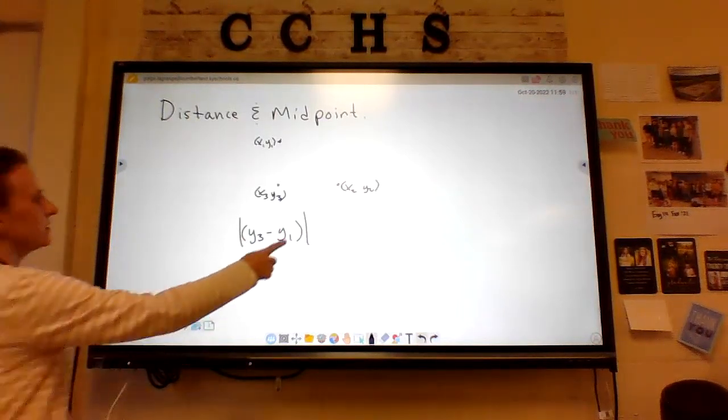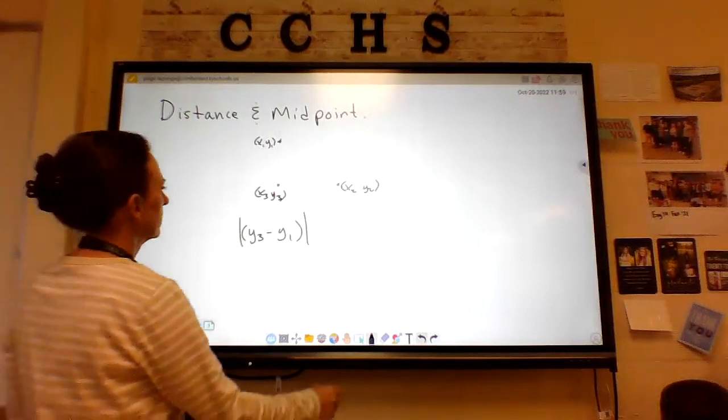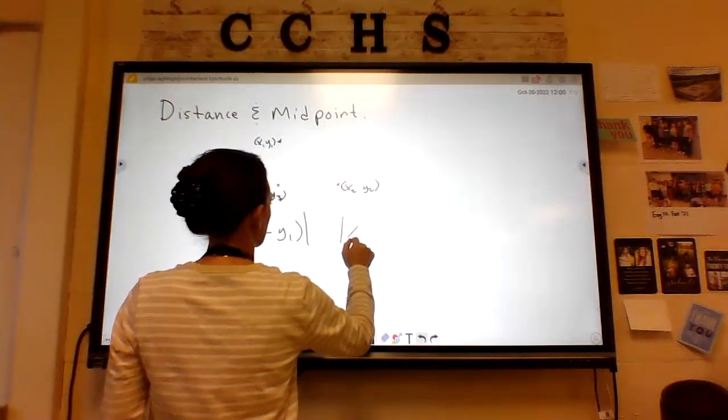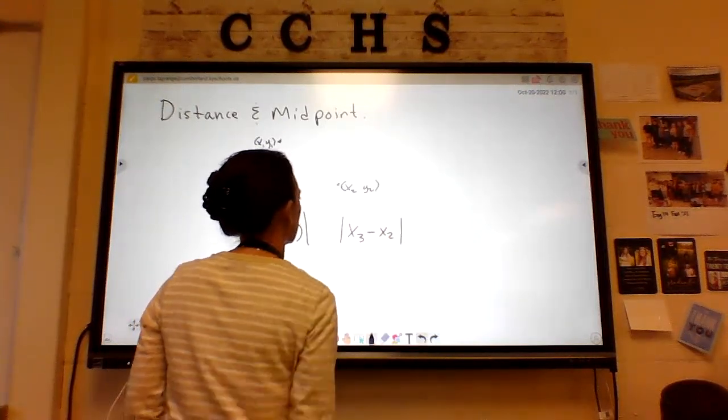And what about the length of this line? You take the difference of the X values, right? So X3 minus X2.